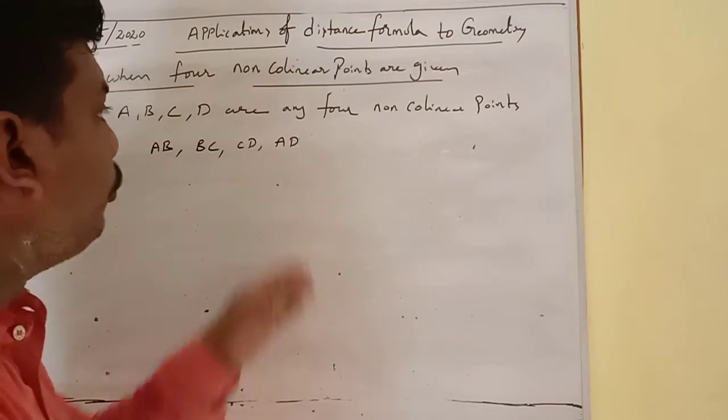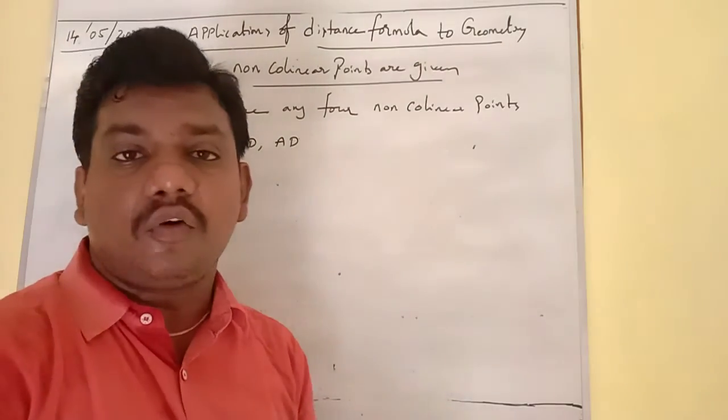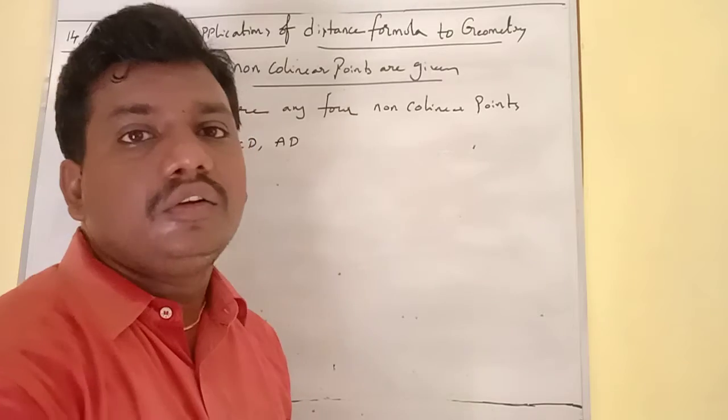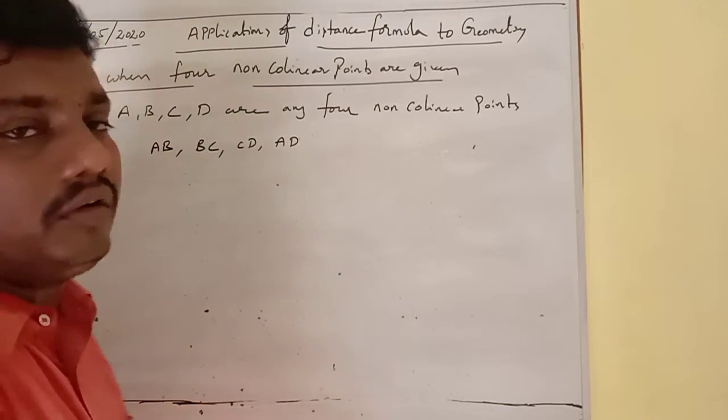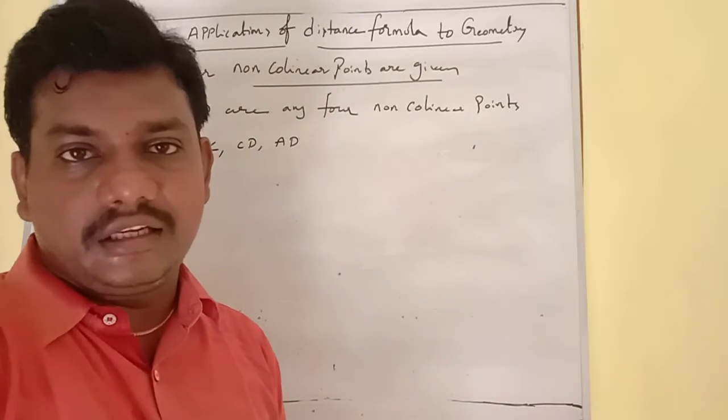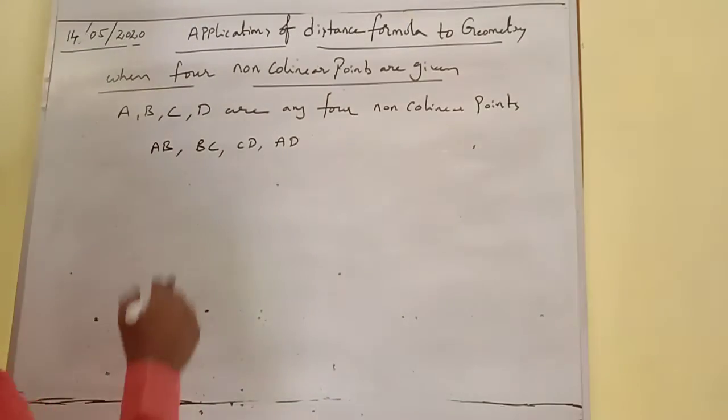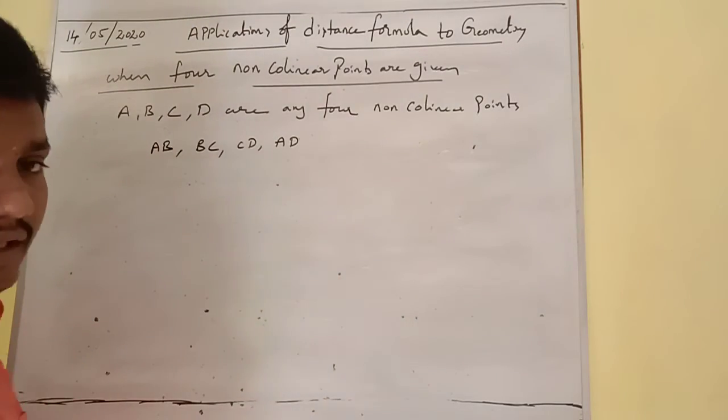That means four non-collinear points form a quadrilateral. So AB, BC, CD, AD we have to find. So this is a quadrilateral.